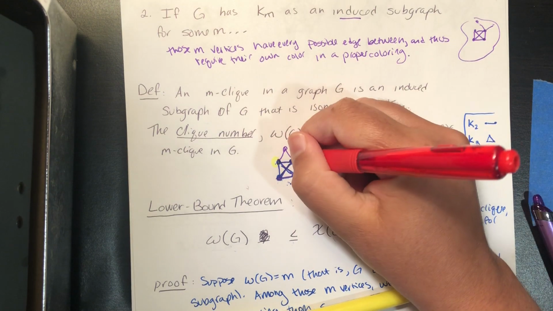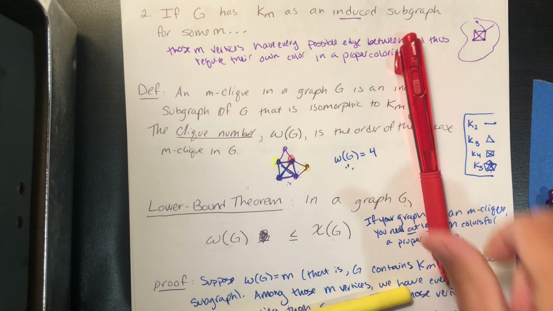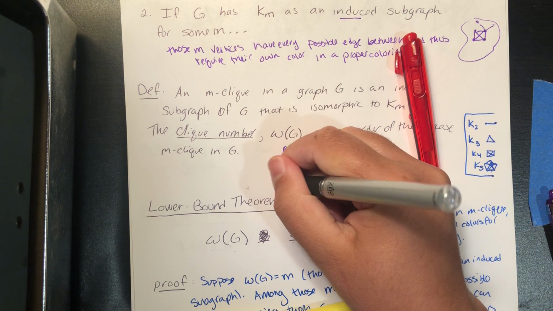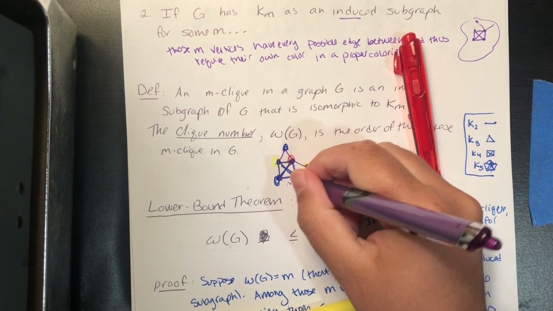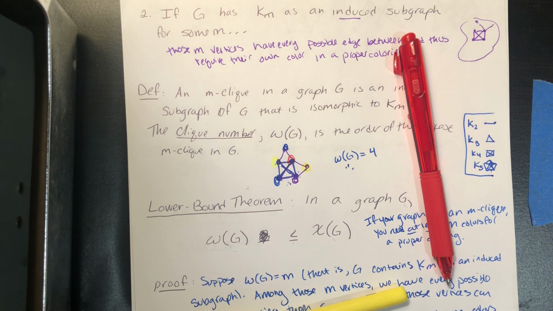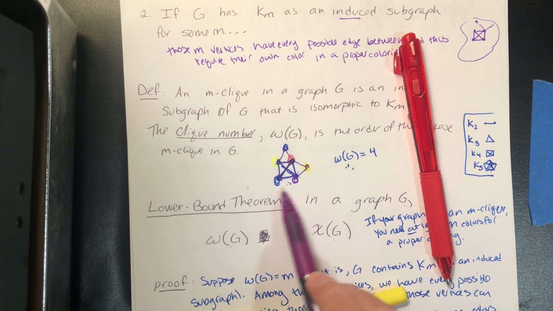We'll color this one red. We'll color this one blue, and this one purple, right? This sort of helps me in arguing that the chromatic number is exactly 4, because I can demonstrate that it's possible with 4, and the lower bound theorem tells me it's not going to be any less than 4.